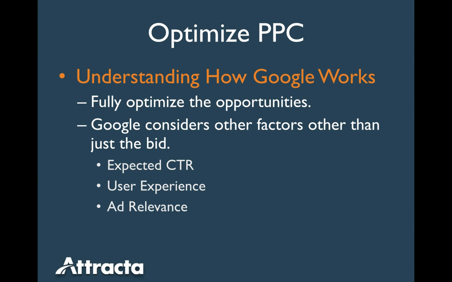Don't go to a landing page or a site that's selling a dress or pants, for example. So think about the expected or historical click-through rate, the user experience. What are they actually going to find when they land at your site? And the relevance of the ad copy related to the search query that the user has actually made. That's first and foremost what you should have front of mind when you're thinking about optimizing your campaign.